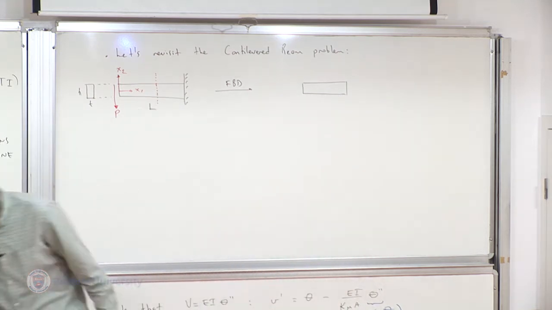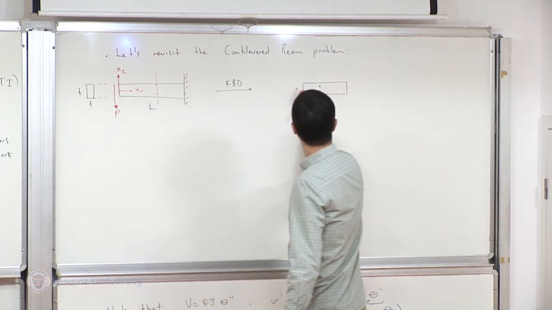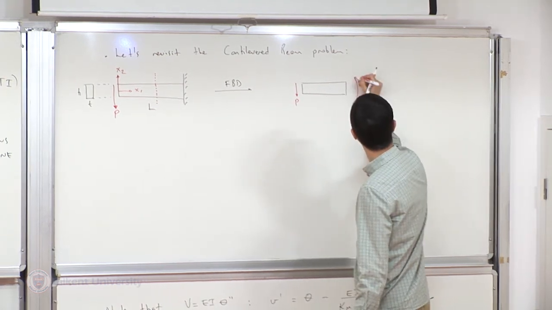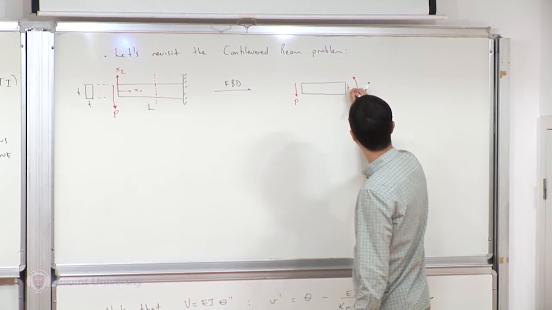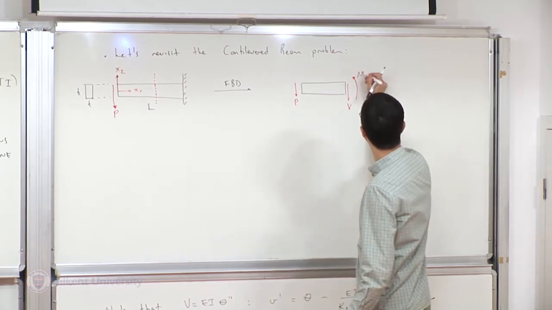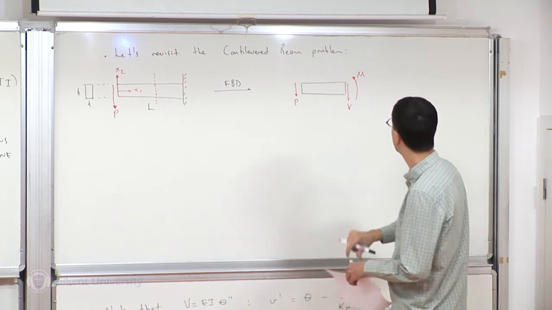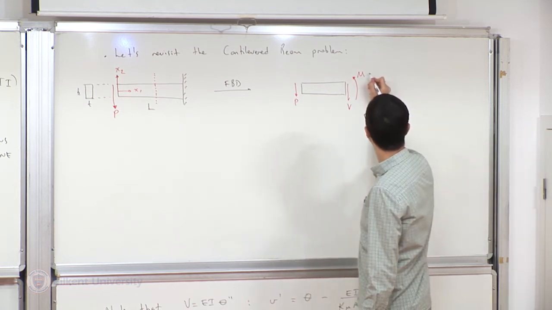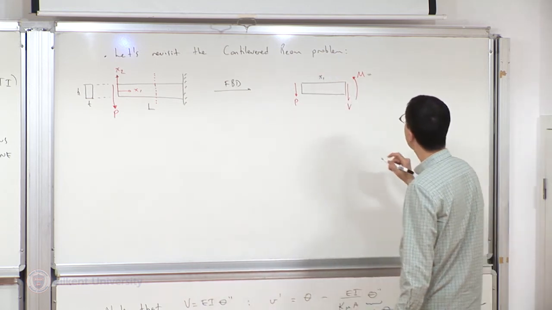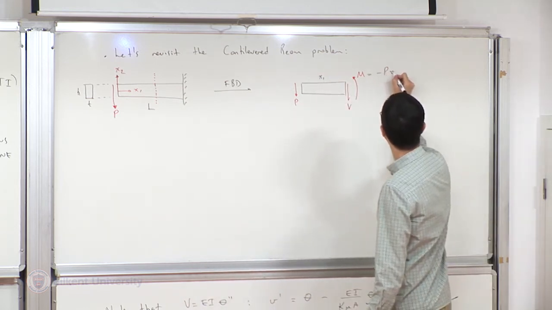So let's use a different color. So that's the P. And by default, the internal bending moment is in that direction. Internal shear force is in this direction. That's M as a function of x1. So M is equal to, the distance is now x1, so it's minus P x1.